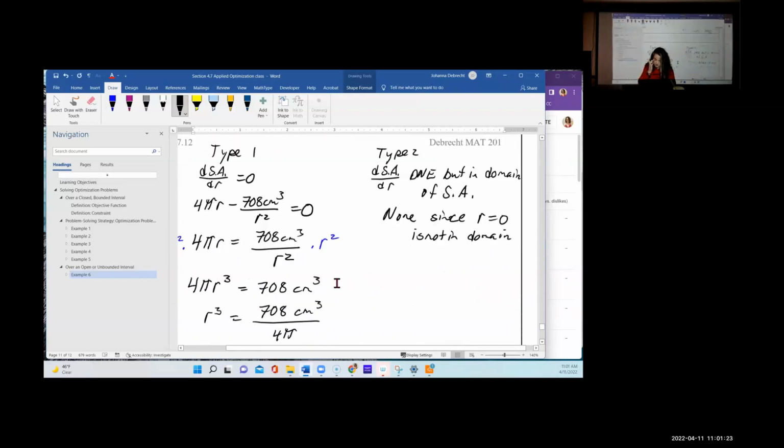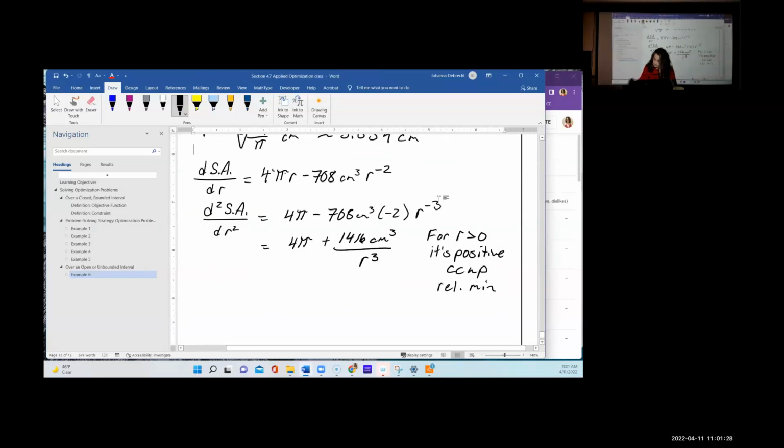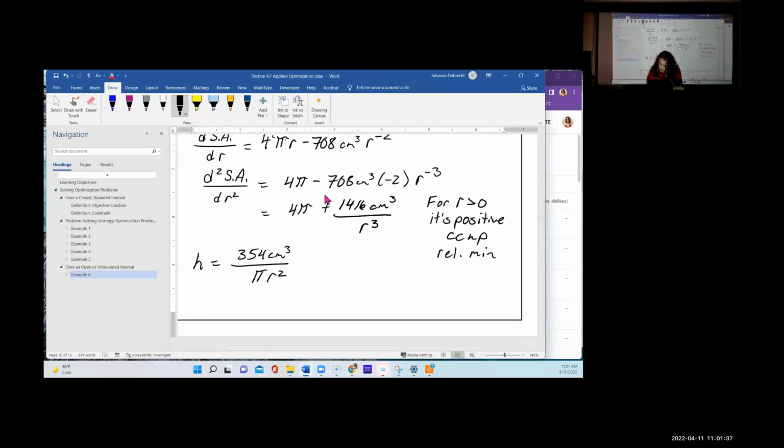And then we can find H. So this becomes 354 cubic centimeters over pi times the cube root of 177 over pi centimeters squared. So that's going to raise it to the 2/3 power, and I would probably just leave it in that form, but centimeters cubed over centimeters squared will give us centimeters.